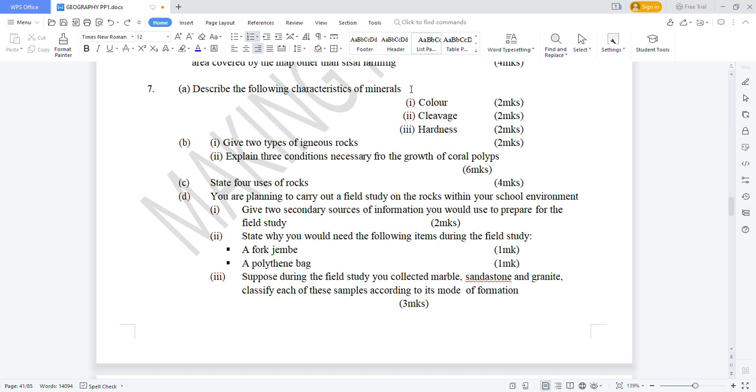Part B of the question, explain 3 conditions necessary for the growth of coral polyps. So you have shallow water. Number 2, you have well oxygenated water.